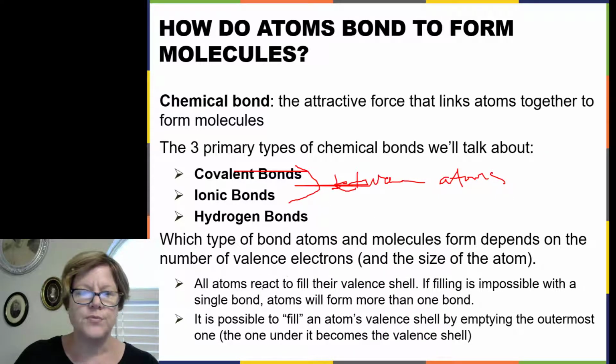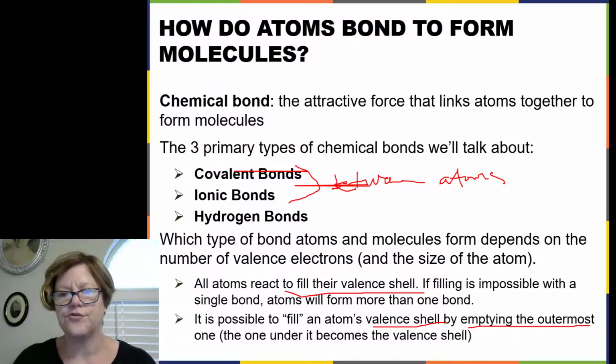All right, so the point, though, is that the atoms are trying to fill their valence shells individually. If filling a valence shell is impossible with one bond, it will form more than one bond. All right. Sometimes it's easier for an atom to fill a valence shell by emptying.